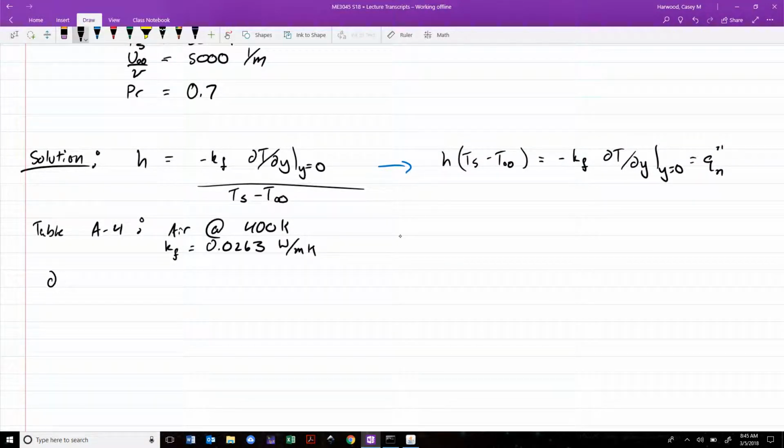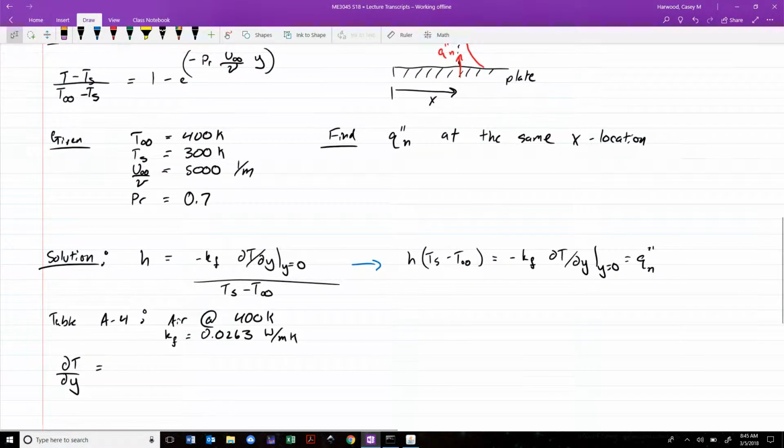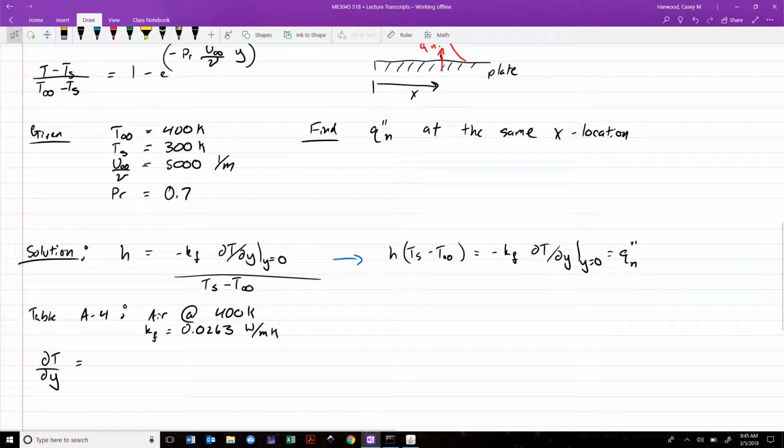And we could write our temperature gradient, let me zoom out a little bit so you guys can see. We could use this equation right here for our temperature distribution to figure out the temperature gradient. So that would be a matter of just multiplying both sides by that T infinity minus T_s, and then taking the derivative with respect to y of both sides.